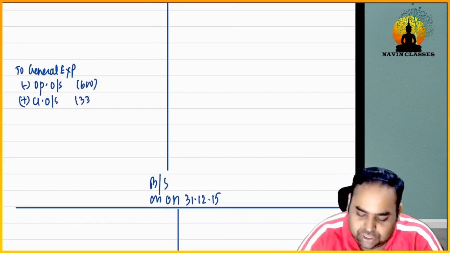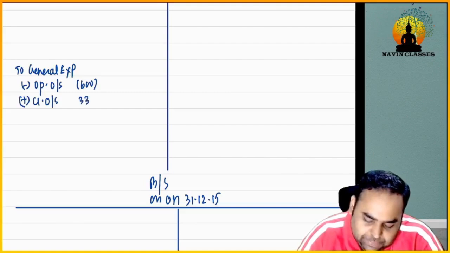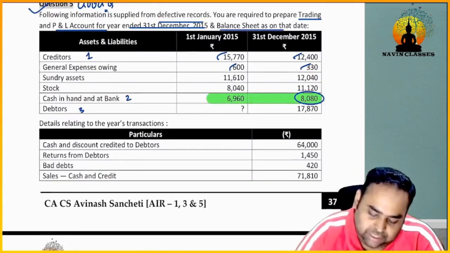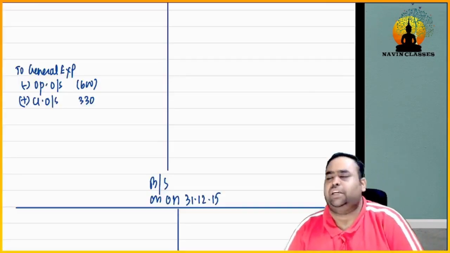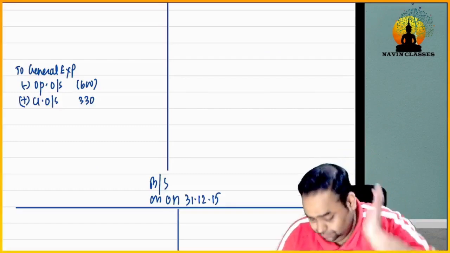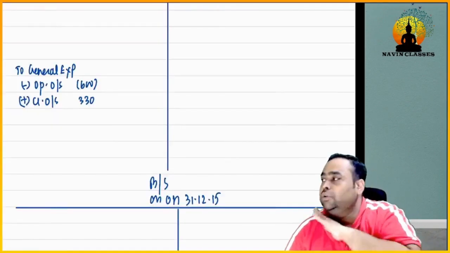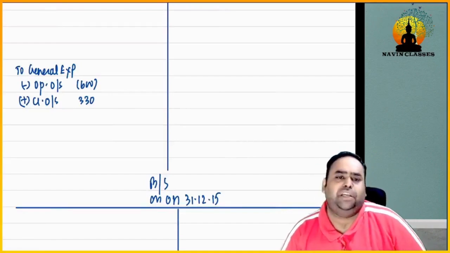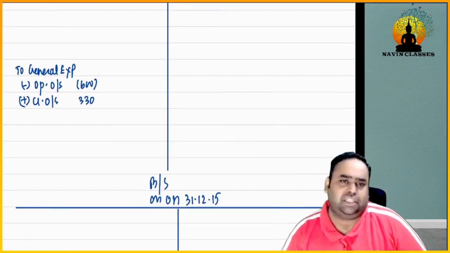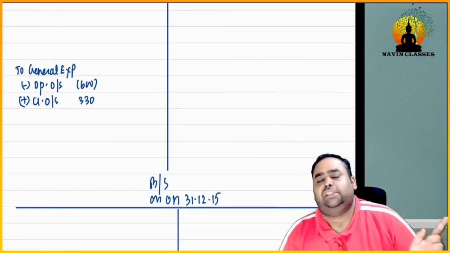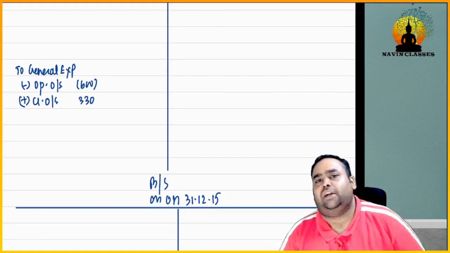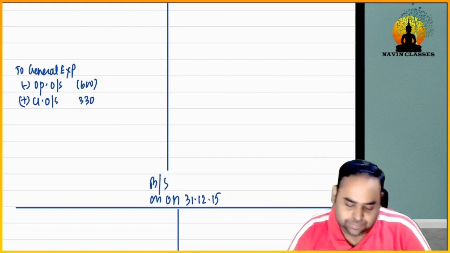So we had shown and taught you this in the chapter of final accounts, right? That means we deduct opening outstanding and we'll add closing outstanding to the expenses. General expenses owing. So first I've shown the outstanding amount in the balance sheet, then it will be adjusted from the expenses. So that means we'll deduct opening expense of last year and add closing expense of the current year.